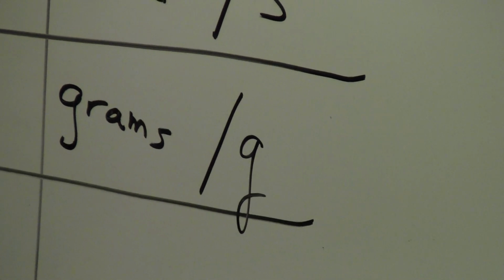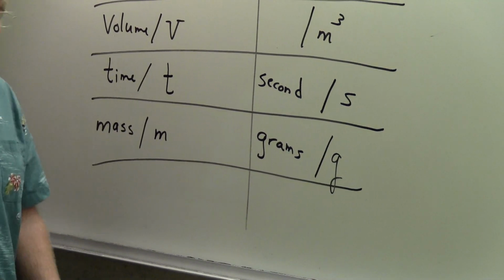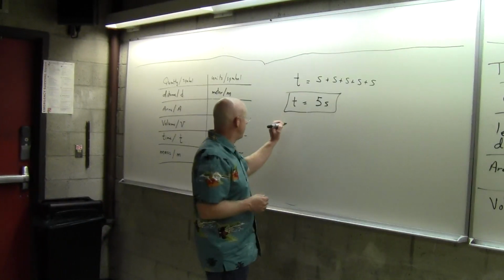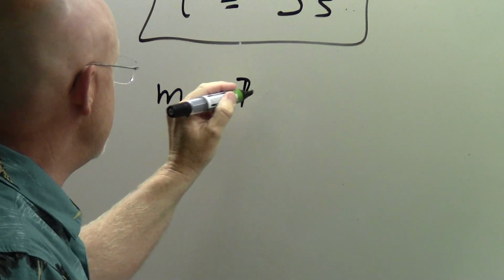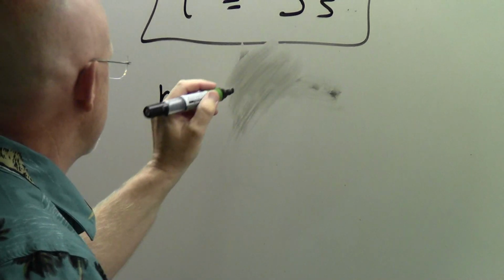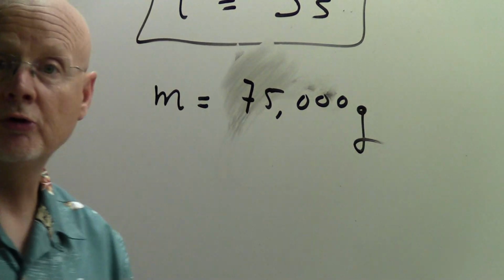So if I were to tell you my mass, and let me use grams this time, I am about 75,000 grams. So I would put over here, my mass is 75,000 grams.